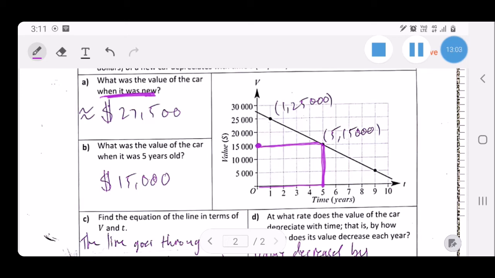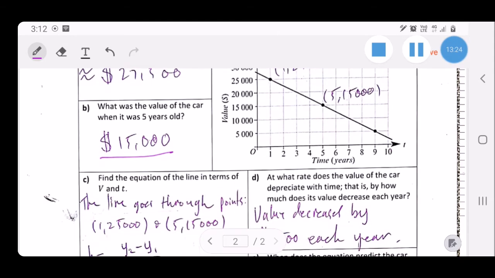And those values all align with this grid system. So I can be pretty certain that those figures are exact, okay? So in my answer here, what was the value of the car when it was 5 years old? I'm going to say exactly $15,000, okay? All right.